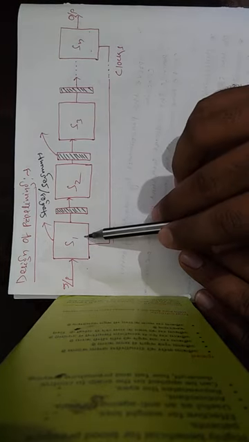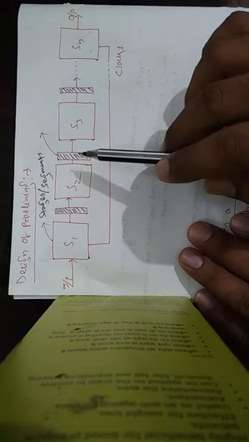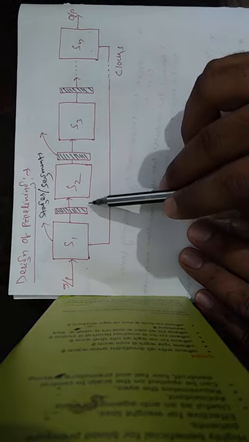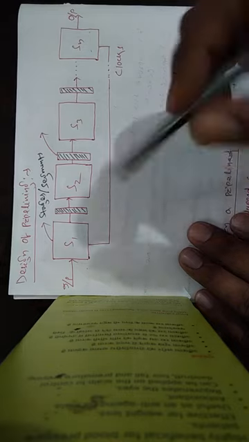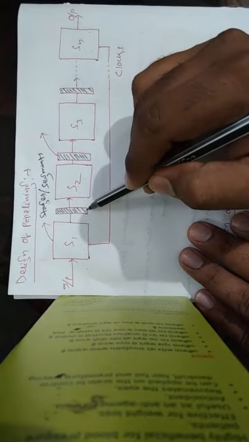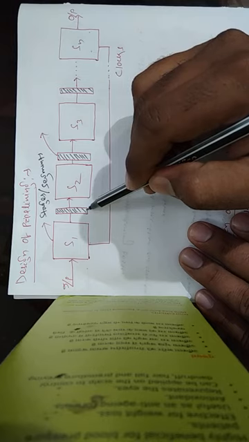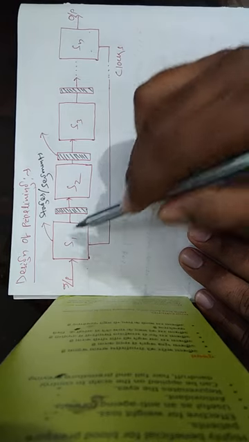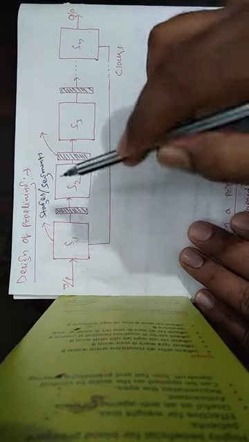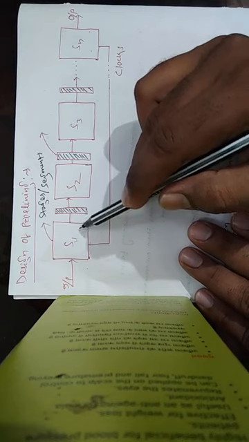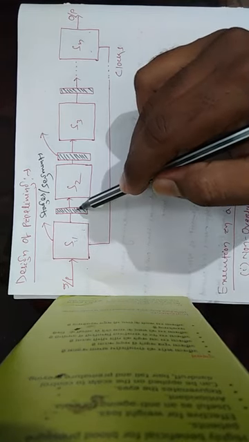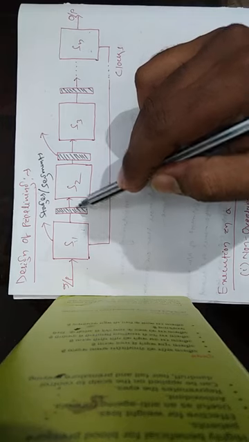Between stage 1, stage 2 and the other stages, interface registers are used. You are looking at this figure. This is an interface register, which is used to hold the intermediate output between 2 stages. Suppose stage 1 finishes its task, it will store its output in this interface register.